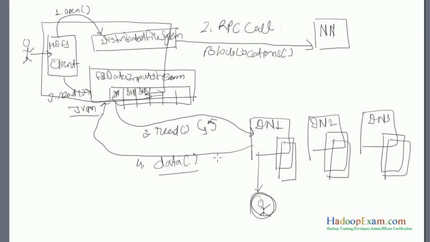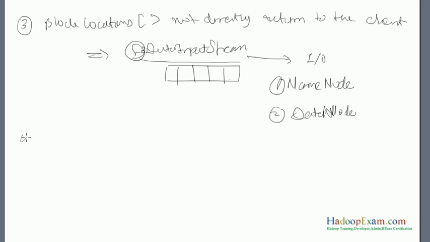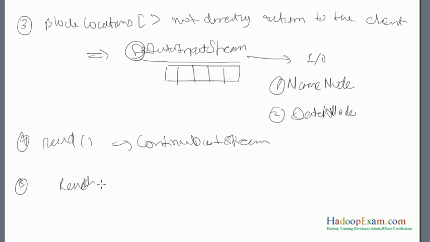Now what happens when you reach the end of the block? As soon as you reach the end of the block, the input stream closes the connection. So we have the fourth step as a continuous read stream. Okay, let's move to the fifth step: reach the end of the block.